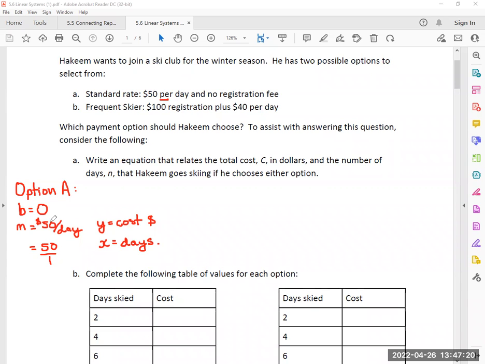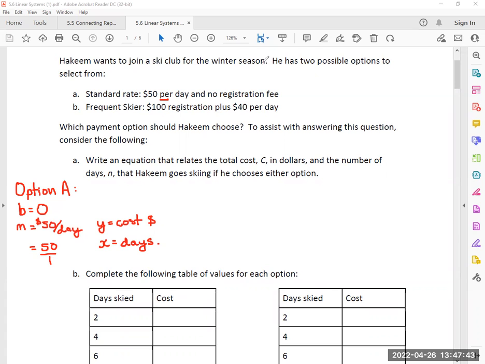Looking at that as your rate of change, the two different things in this fraction should tell you what my X and Y variables are. The $50 a day should tell you that money, or the cost, is going to be my Y. The days means X, that's going to be how many days pass.